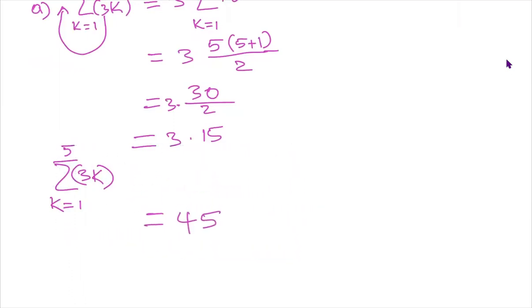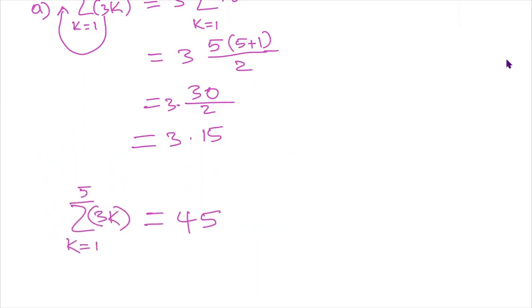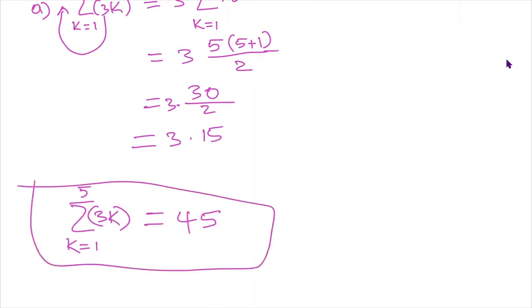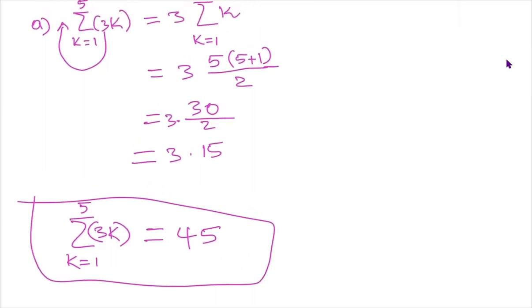Also, what you could do is expand it and see if the formula works. But I do know the formula works. If you want to verify, you can just add them and multiply by 3. I'm just going to do it for this one, but for the rest you should believe that the formula works. So we have the sum for k from 1 to 5 of 3k.